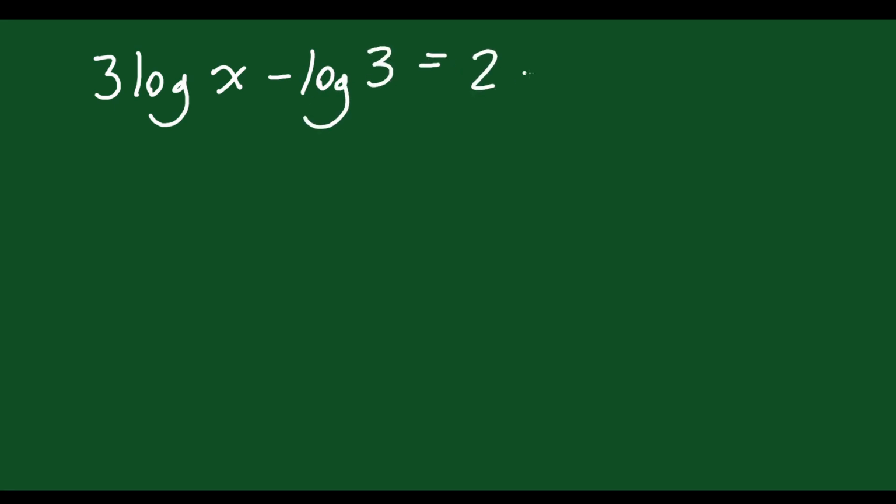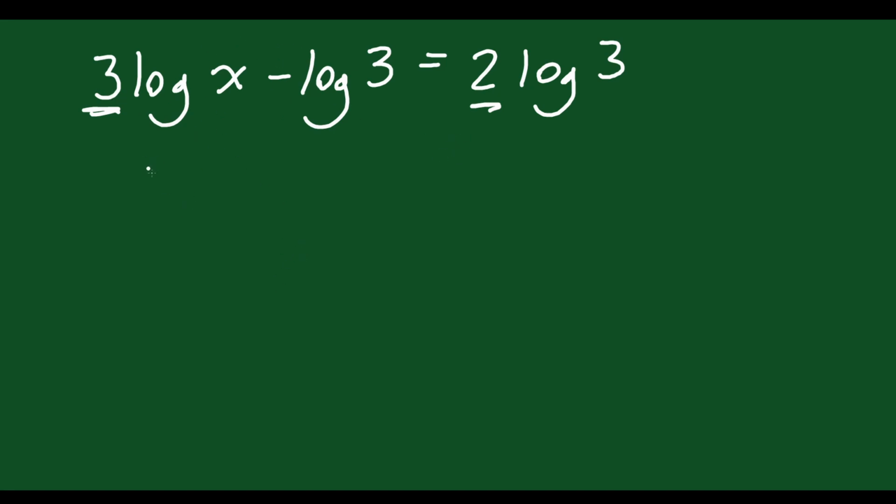Let's do another. 3 log x minus log of 3 equals 2 log 3. Okay, so this looks like a product rule again, but we have these coefficients in the way, and we can't really use the product rule, or sorry, the quotient rule, because it's subtraction actually. But regardless, you can't use either of those rules until you move those coefficients out of the way.